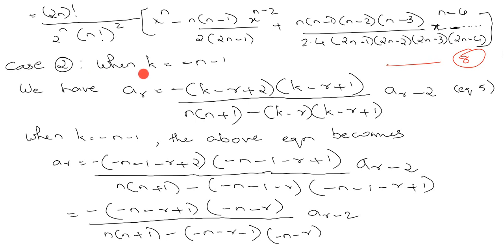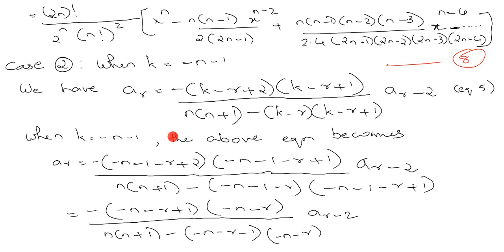Now the second case, that is when k is equal to minus n minus 1. For that we have to use equation number 5, which is ar is equal to minus of k minus r plus 2 into k minus r plus 1 divided by n into n plus 1 minus k minus r into k minus r plus 1, into ar minus 2. When k is equal to minus n minus 1, put minus n minus 1 in all k's here.